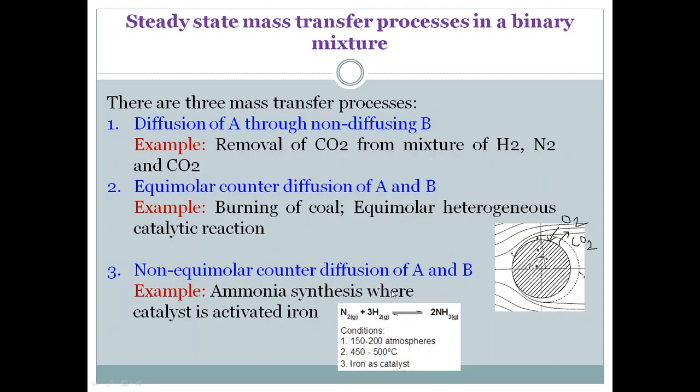It is the same, only in this case I took A to B. Here I have taken the example of synthesis of ammonia, where 1 mole of nitrogen and 3 moles of hydrogen produce 2 moles of ammonia. The catalyst is spongy iron, activated spongy iron.